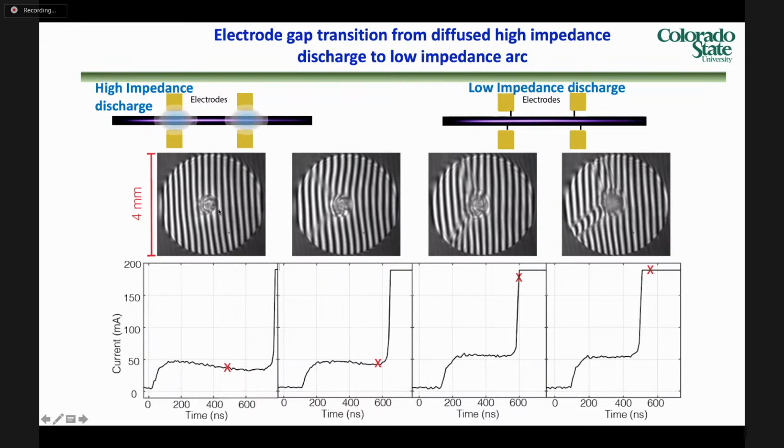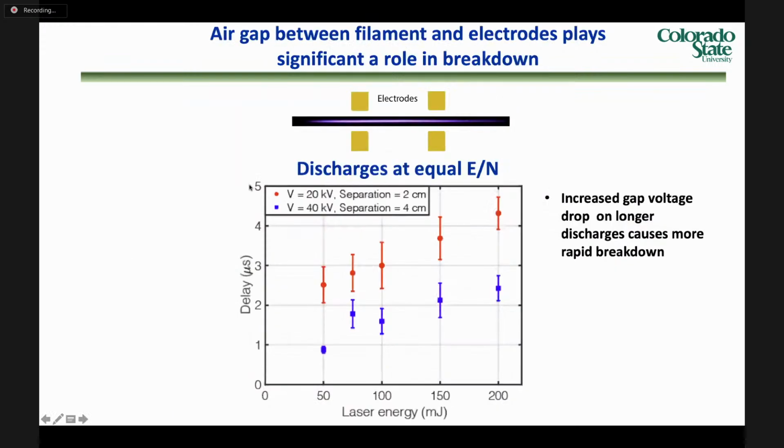This plays a role. In fact, that can be seen if one creates discharges with constant E over N, where E is the electric field and N is the molecular density. As many of you know, E over N is a scaling parameter of discharges.